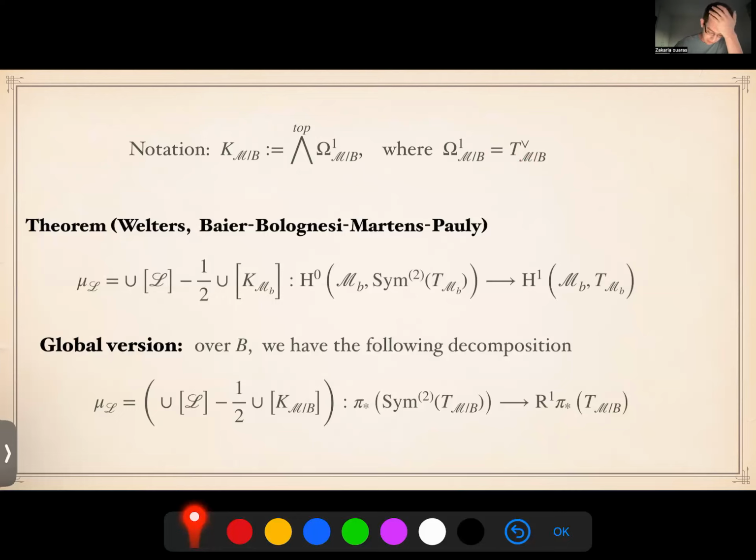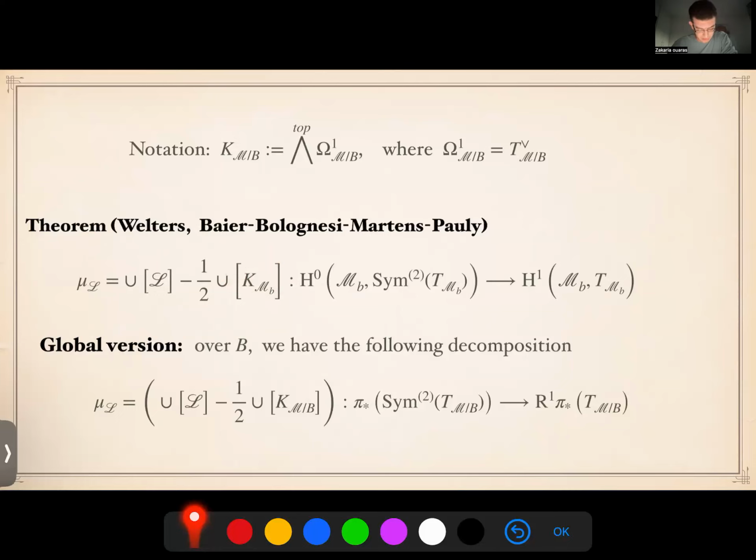So Welters, Beauville, Bolognesi, Mertens, and Polishchuk describe this map globally over B. It can be written as a cup product with the Atiyah class of your line bundle minus 1/2 the cup product with the Atiyah class of the canonical line bundle of the fiber.